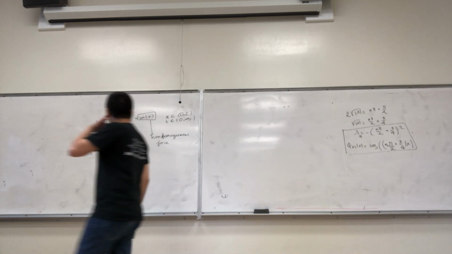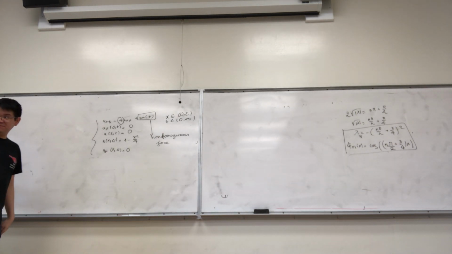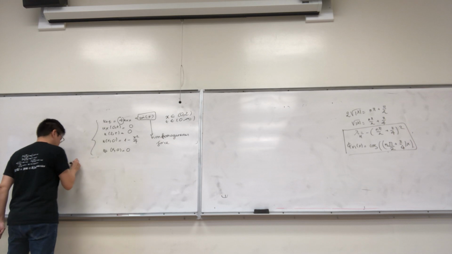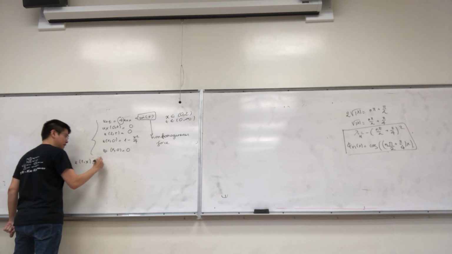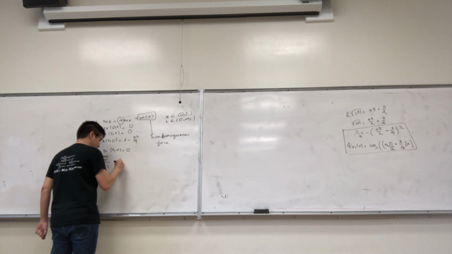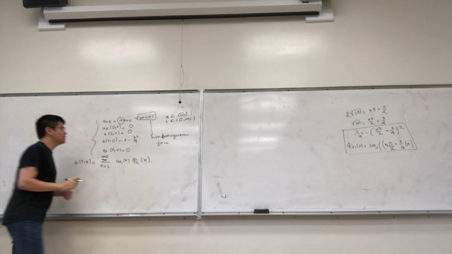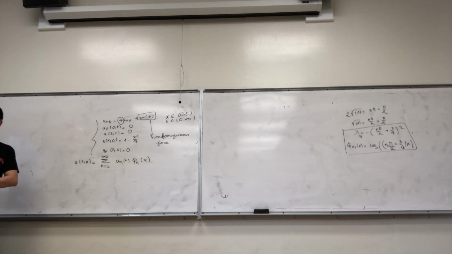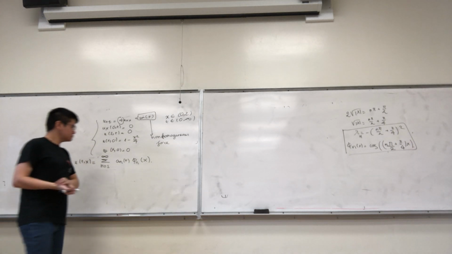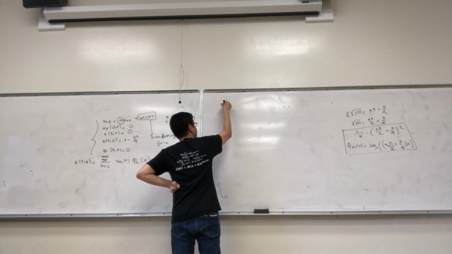All right, so now the next step, you're going to do the same thing. You expand u of t, x as the sum, n from 1 to infinity, of a n of t phi n of x. So I have to take u tt.